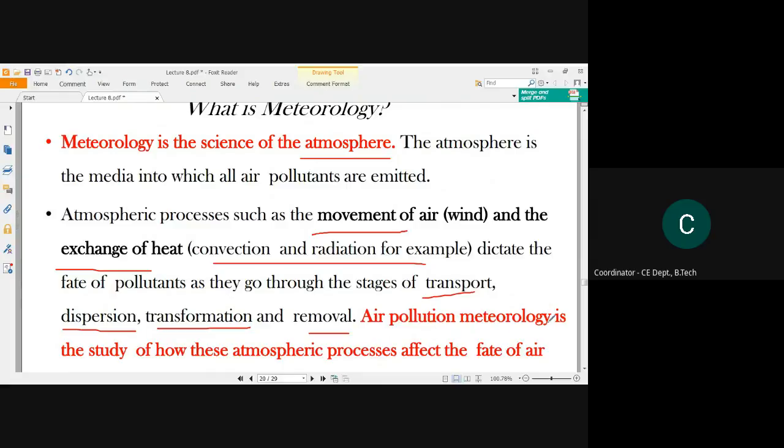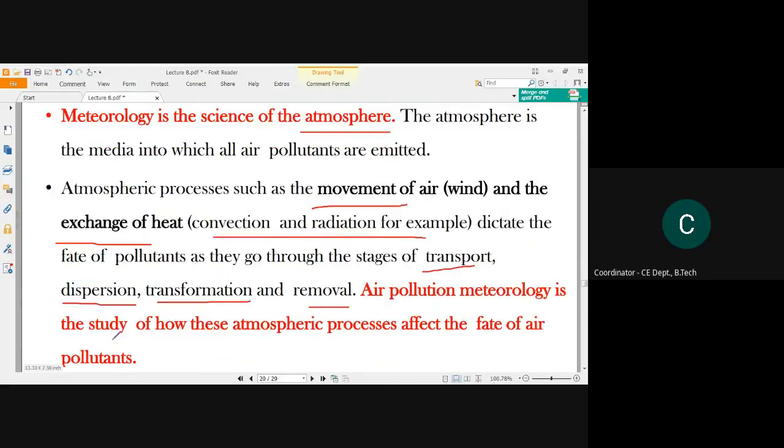Air pollution meteorology is the study of how these atmospheric processes affect the fate of air pollutants. Okay, so through certain processes the air pollutant gets into the atmosphere. In which way it gets into the atmosphere, that particular study is represented as meteorology.